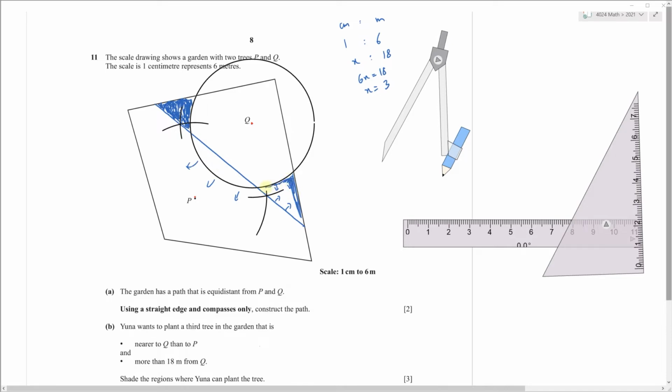They are outside the circle that we have drawn, which represents 18 meters around point Q, and they are on the right hand side or this side of the line bisector of points P and Q. So these two regions are the regions that you have to shade where the third tree can be planted.